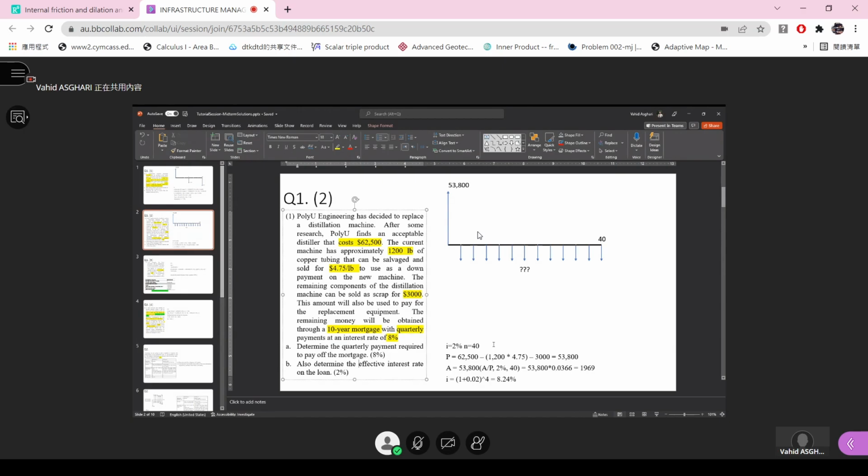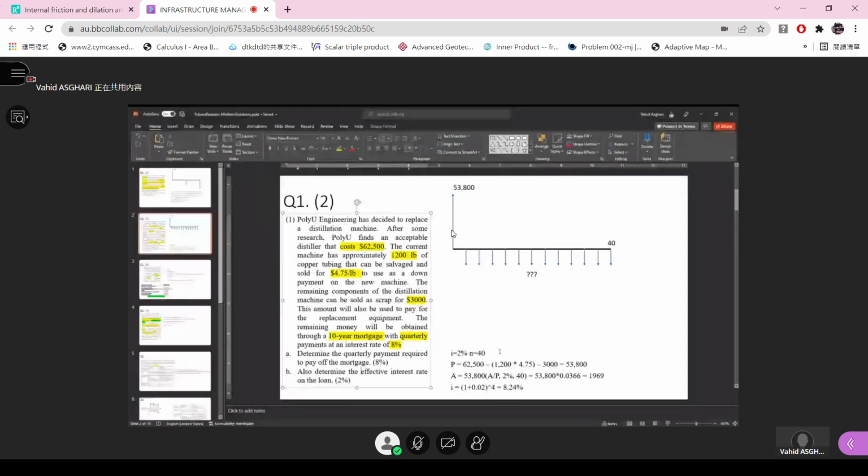Yes, that is the concept of effective interest rate. I can also agree with you that the question could be a little more clear on this topic, and I'm going to consider this when I grade your paper. So no worries about that.